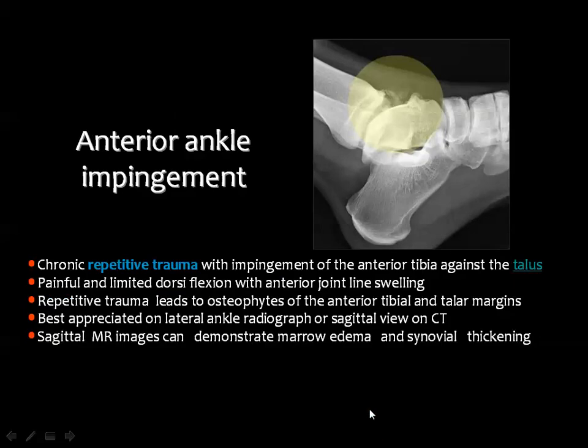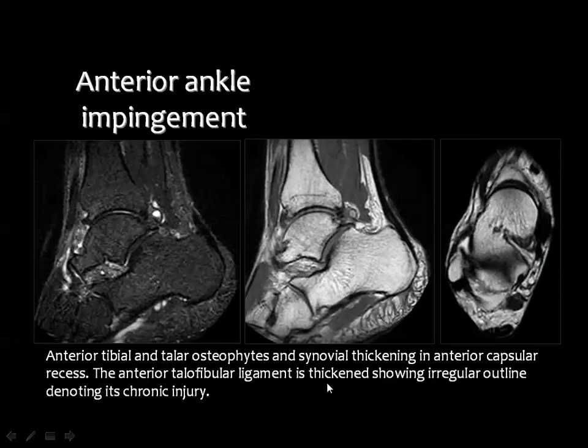Then anterior ankle impingement is also caused by repetitive trauma with impingement of the anterior tibia against the talus in those who have some dorsiflexion of the ankle. Then there is painful and limited dorsiflexion of the anterior joint line of the ankle with anterior ankle swelling, and you may get some bone marrow edema and synovial thickening of the related soft tissues along the anterior aspect of the joint.